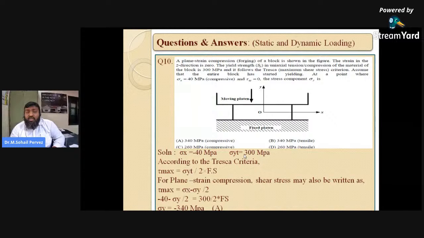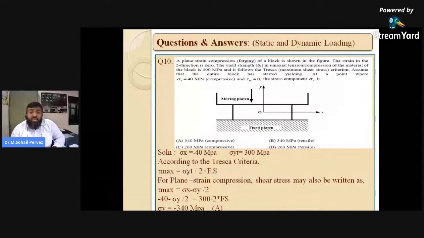So at a point where sigma x is 40 megapascal compressive, if the load is compressive, we have to write it as negative, that is minus 40 megapascal. Now according to Tresca's criterion, tau max is equal to sigma yt upon twice fs. This is the basic equation which we learned in yesterday's class.